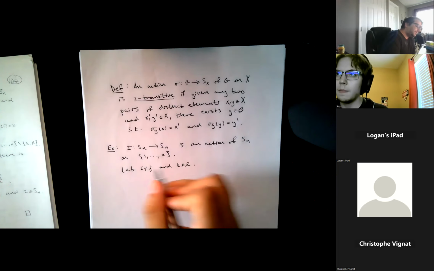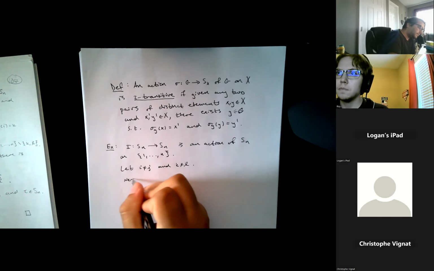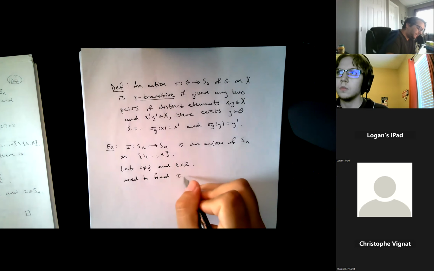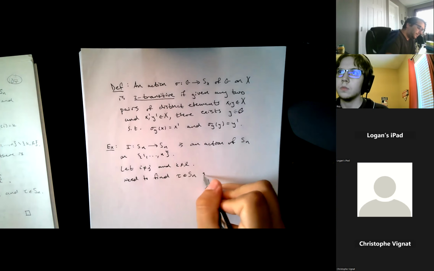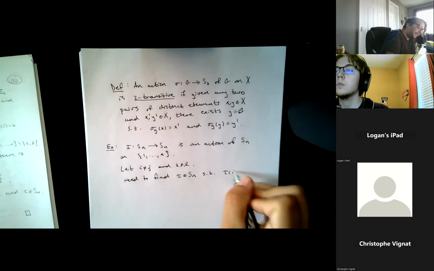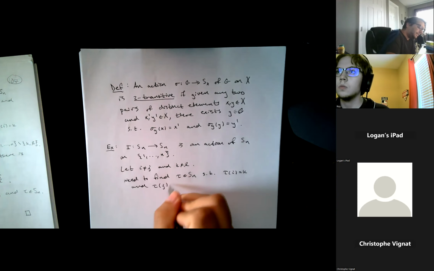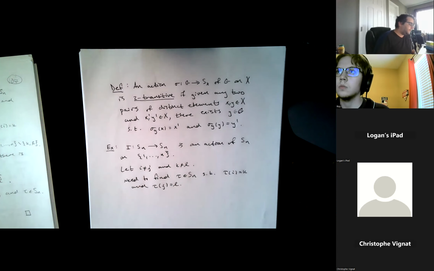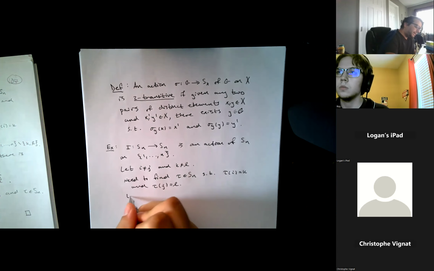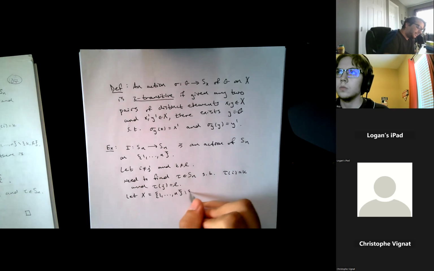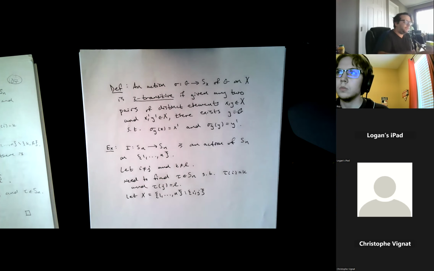What we need to do is find a tau in Sn such that tau of I is K and tau of J is L. Well, we can let X be the set 1 through n minus ij. So whatever I and j are, just pull them out of the set.